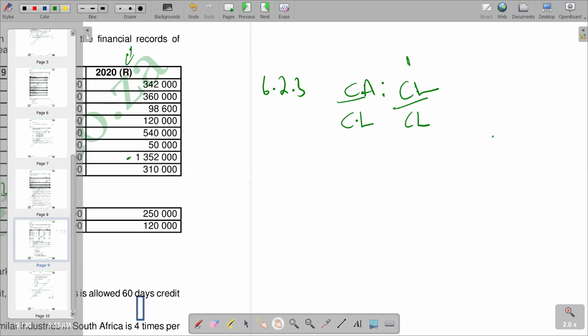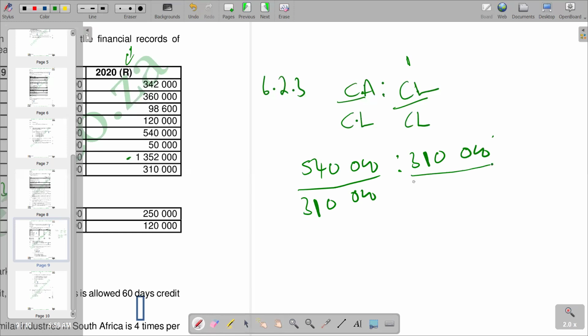We are saying 540,000 divided by current liabilities, which is 310,000. So 310,000 current liabilities divided by 310,000. Obviously, this other side is going to remain as 1.